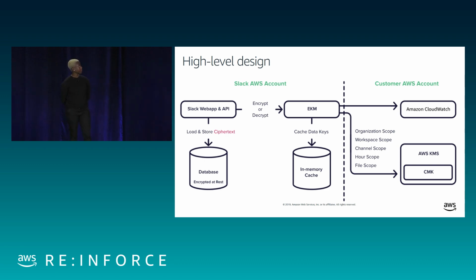In the customer's account, you have the customer master key, you have CloudWatch, the CloudTrail. That's basically where all of the keys are being generated. On the left side, it's the Slack backend, which we refer to as web app, our databases, which are encrypted at rest, and a separate service that engineers can't access called EKM that actually manages doing all the encryption, decryption, and talking to KMS.